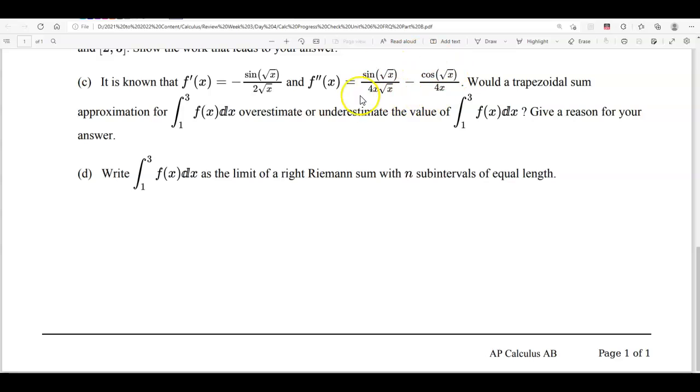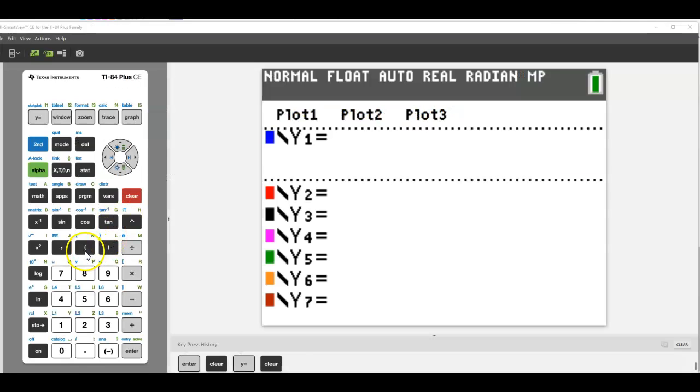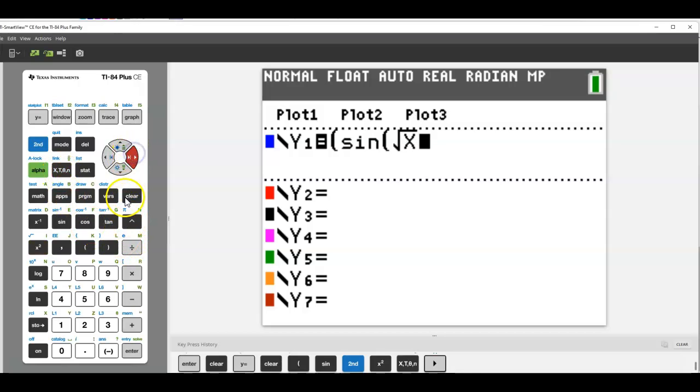So I need to type this function into my calculator. This is not going to be fun to type, so I'm going to put the whole fraction in parentheses for the first one. It's going to be sine of the square root of x divided by, and now I'm going to put the denominator in its own set of parentheses because there's a whole lot of stuff down there: 4x, and then we've got a square root of x in there too.